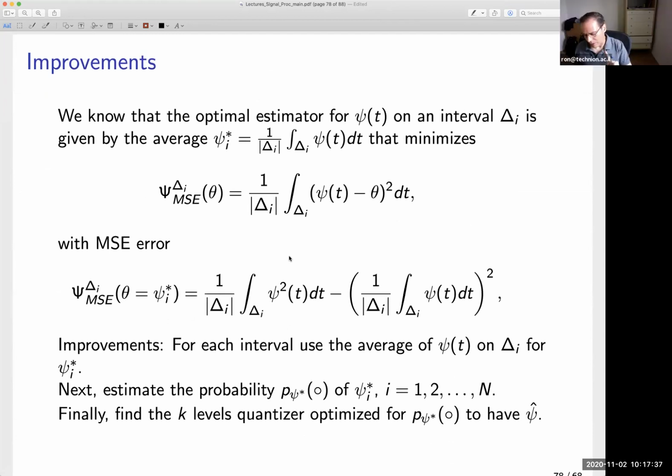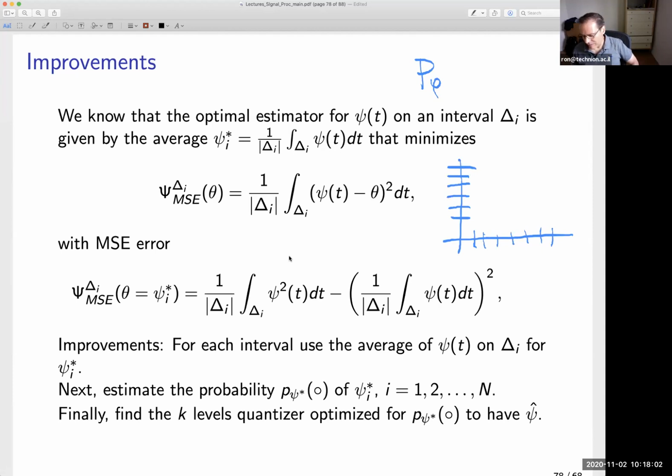So what we do now is ask, can we do better than the assumption of using the b bits that are distributed for the n's and for the k, assuming uniform quantization here and uniform quantization there? I use the probability p phi in order to estimate the error, okay?